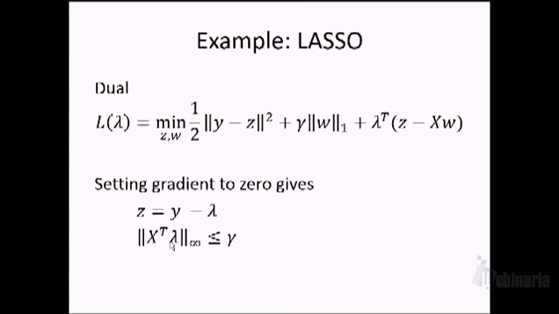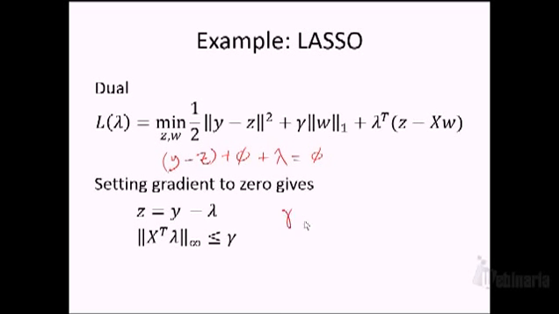So let's do the minimization. If we set the gradient with respect to z to 0, we get y minus z plus 0 plus lambda equal to 0, which gives z is equal to y minus lambda. Now, handling w is a bit more tricky, so let's consider just a single w_i.